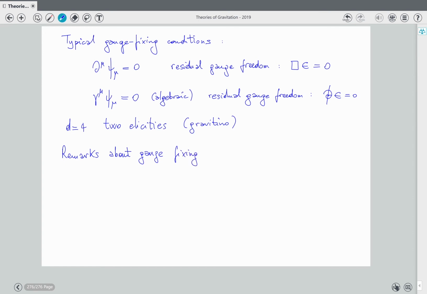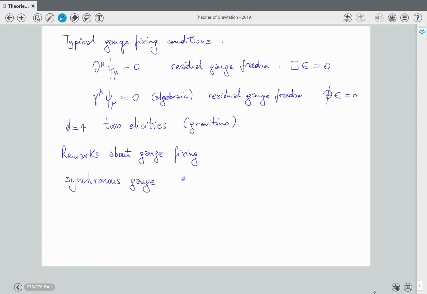There is an algebraic gauge fixing condition for the metric without the vierbein also, and that is called the synchronous gauge.